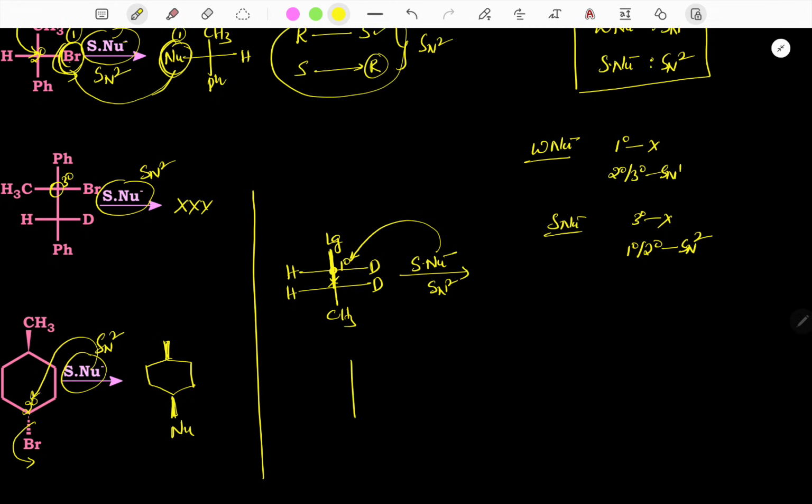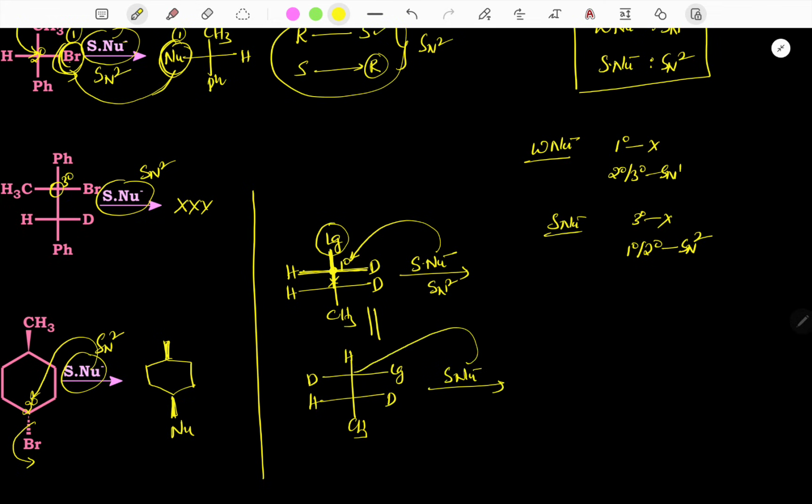So what we have to do is take the leaving group in the horizontal position. Here the leaving group, here deuterium and here hydrogen. These two molecules are the same. Now it participates in the reaction.